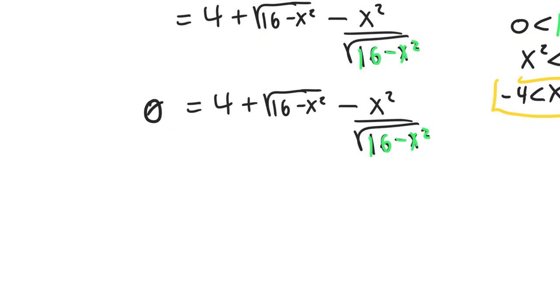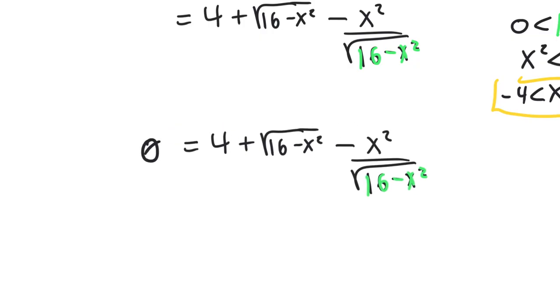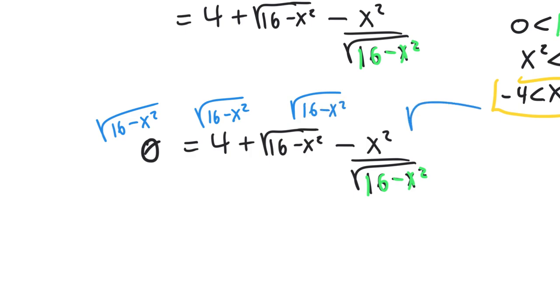I think my student watching would agree that a decent idea, well, you could always get a common denominator, but I'm actually going to just multiply everything by this, what I would consider to be a troublesome denominator. All right. So this is different than what I did with my student earlier, but hopefully she understands that in a sense, I'm just clearing the denominator right here by doing that.